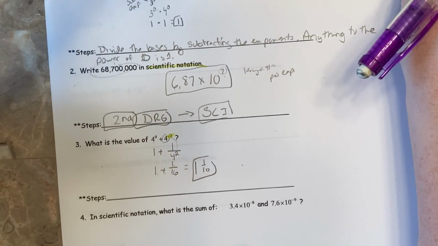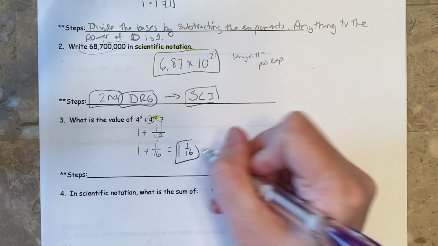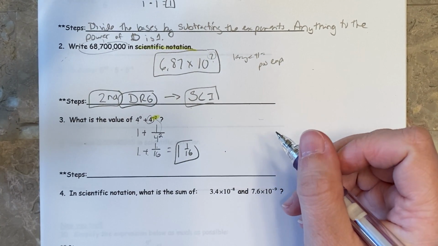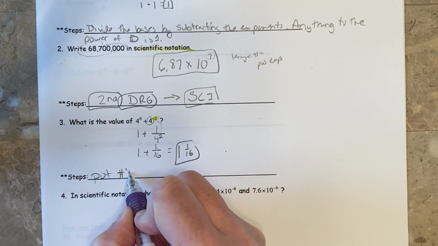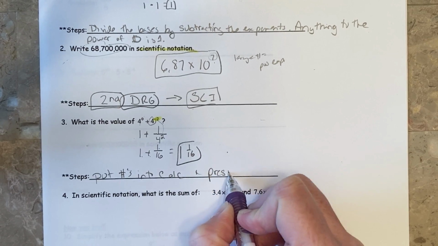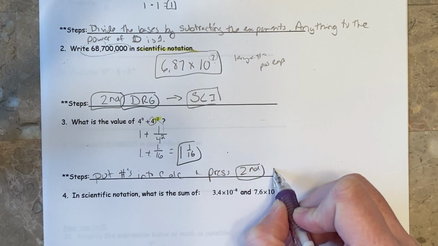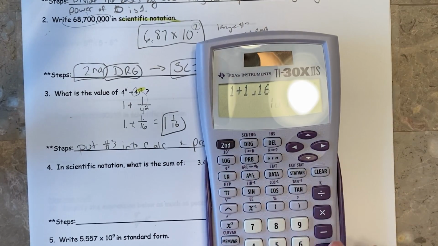Okay, so remember you definitely can use a different button on the calculator to help you out with this. You could do the second PRB. So put numbers into the calculator and press second PRB. So you could do it the calculator way: 4 caret 0 plus 4 caret negative 2.